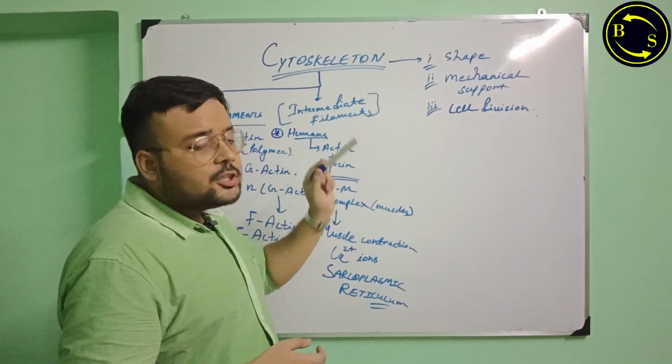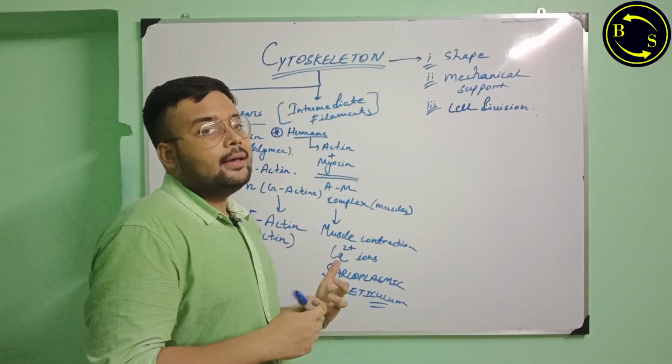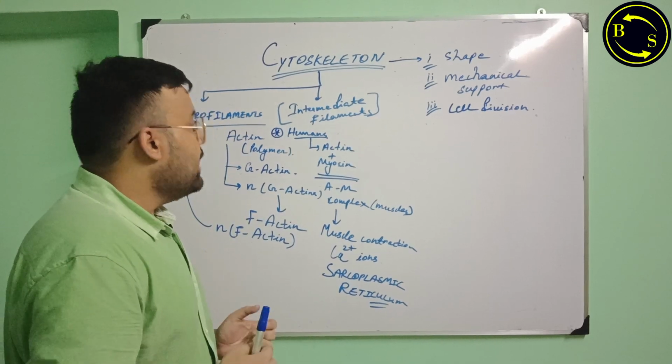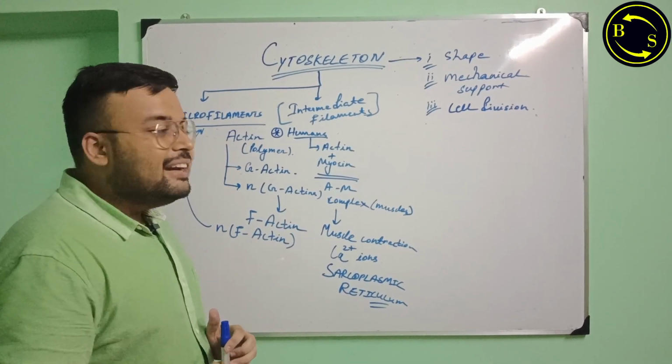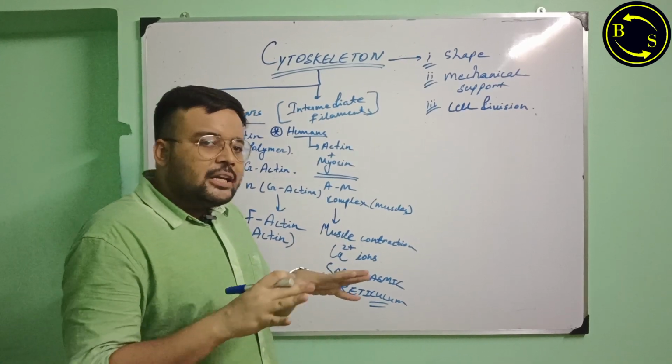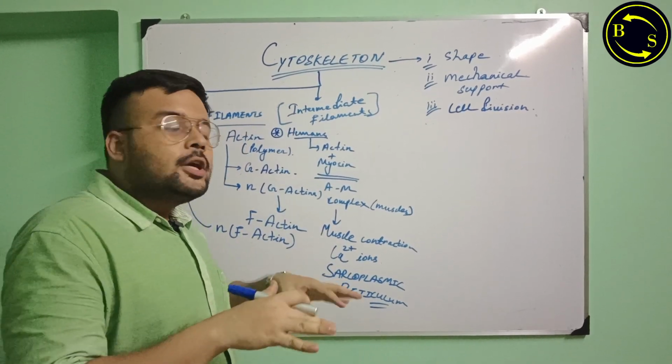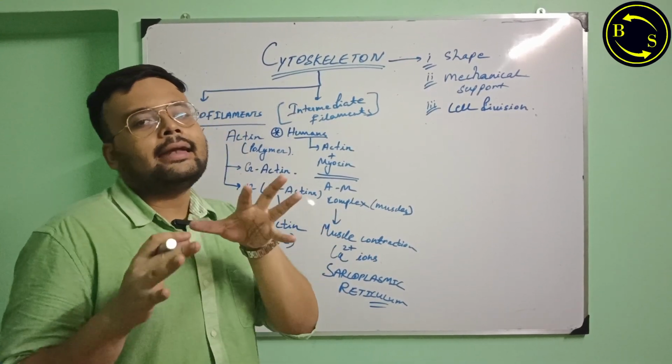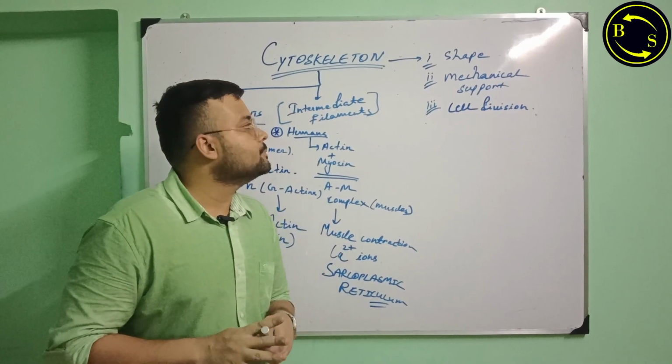It helps to maintain the shape of the cell, it provides mechanical strength to the cell, and also the intermediate filaments work as a mesh or network in which various cell organelles can attach themselves in the protoplasm.